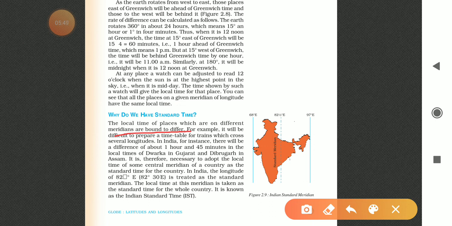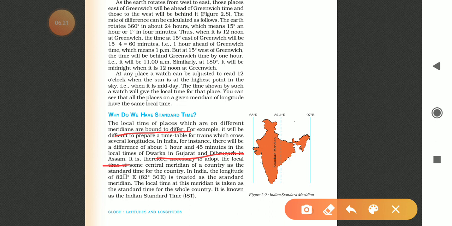For example, it will be difficult to prepare a timetable for train which cross several longitudes. But in India, for instance, there will be a difference of about 1 hour and 45 minutes in the local times of Dwarka in Gujarat and Dibrugarh in Assam.